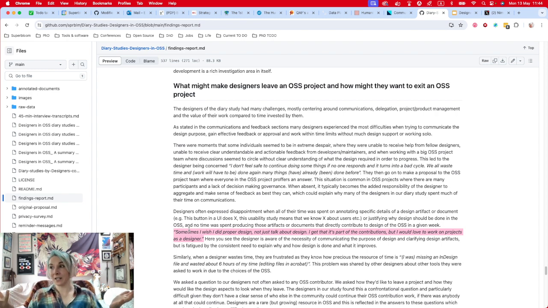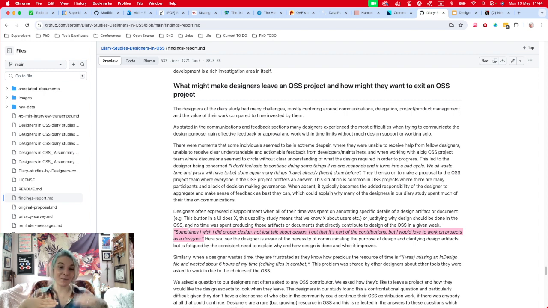Comparatively, it would be like if you spent 10% of your time in your code writing tool actually writing code, and the other 90% of your time was spent justifying why you're writing that code and what problem it's solving and for whom.